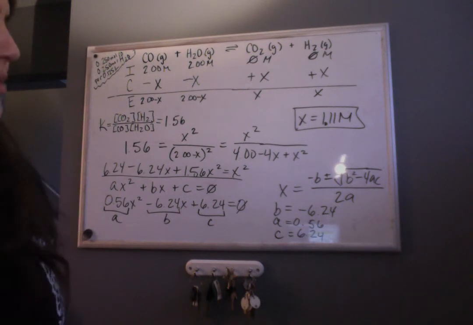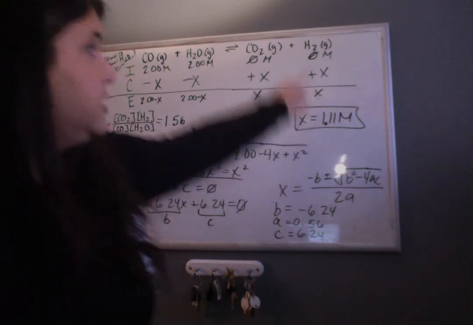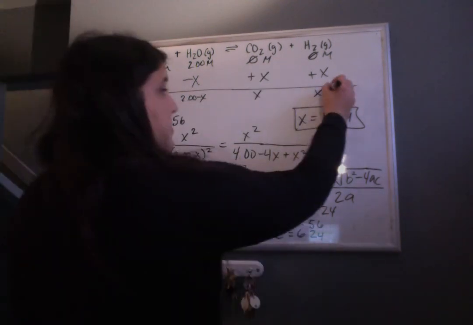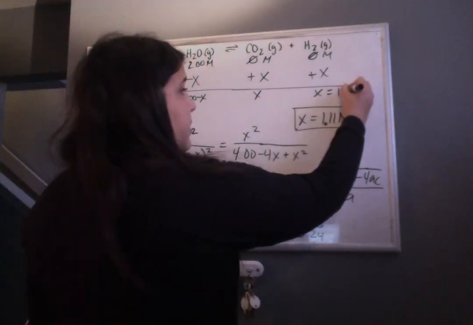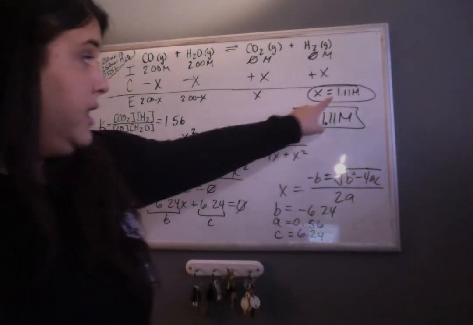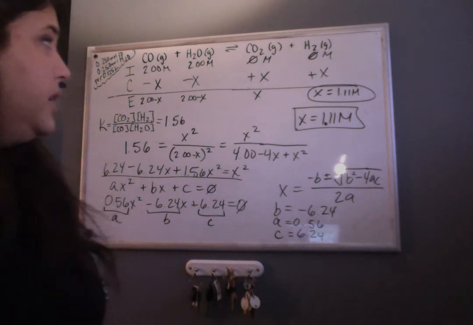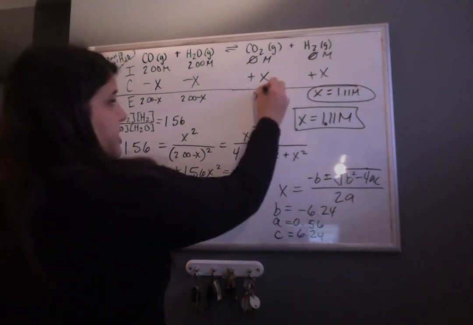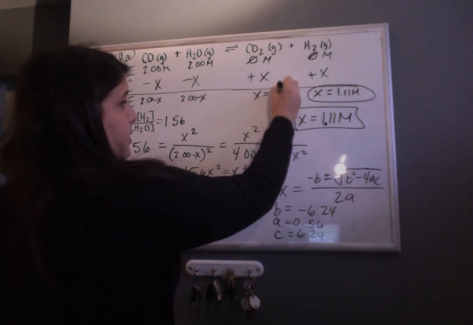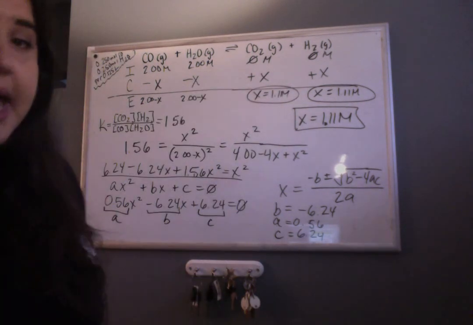So now that we've found x, x is equal to my concentration of H2 at equilibrium, 1.11 molarity. That's one thing solved. That was one of the pieces of my mixture. That is also the concentration of CO2: 1.11 molarity at equilibrium.